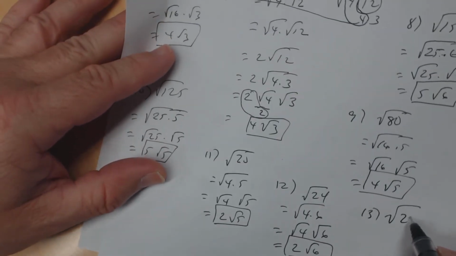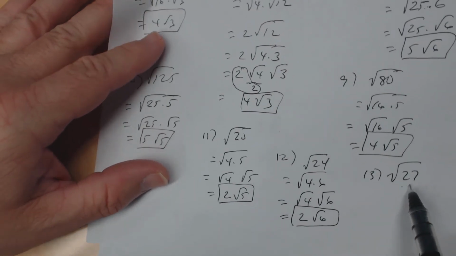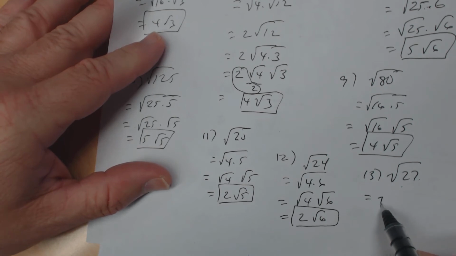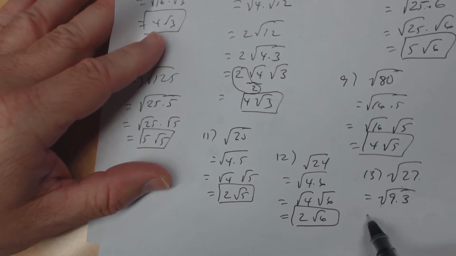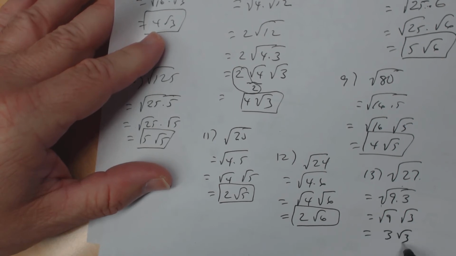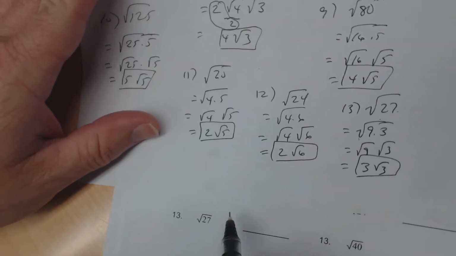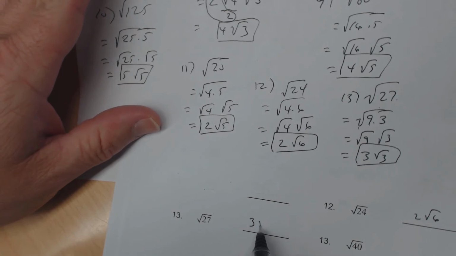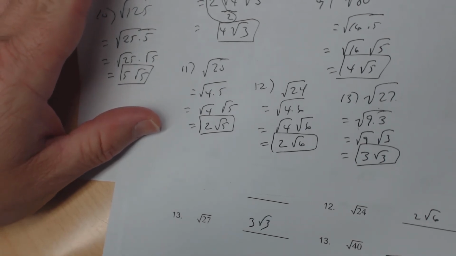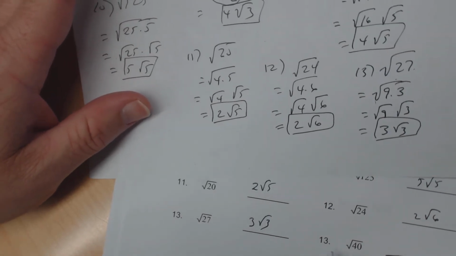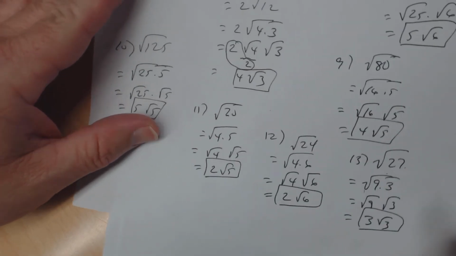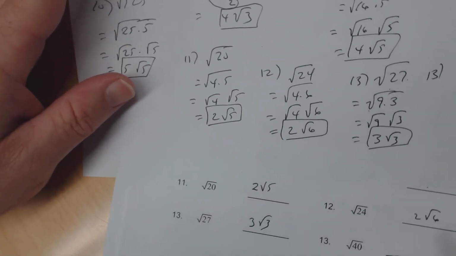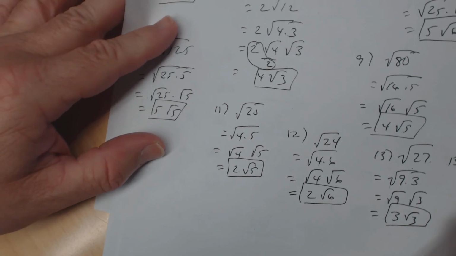Number 13, we have the square root of 27. Alright, 9 is the largest perfect square that goes into 27, so that'll be the square root of 9 times 3. So the square root of 9 times the square root of 3, which is 3 square root of 3. Number 13 is 3 square root of 3. Okay, there are two 13s, so this should be 14. Number 14, you have the square root of 40.